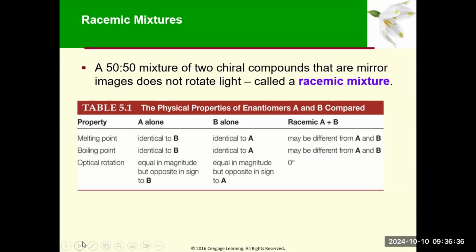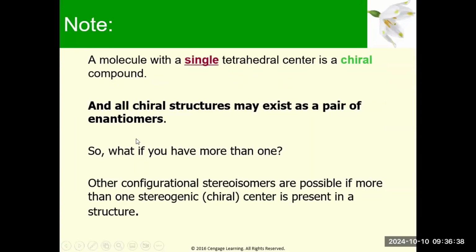Okay. So let's note something. A molecule with a single tetrahedral center is a chiral compound. And all chiral structures may exist as a pair of enantiomers.